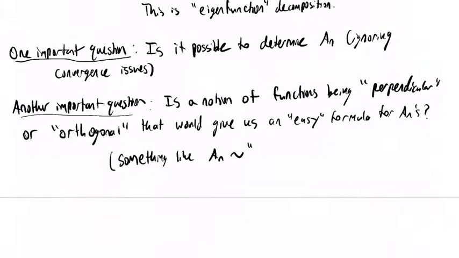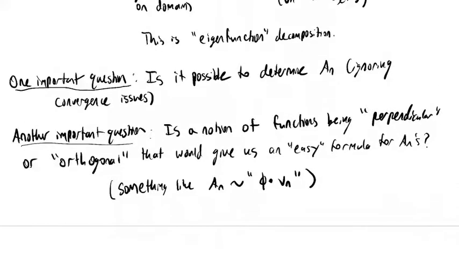So is there some notion of a dot product that would allow us to calculate an by taking the dot product of phi with one of the Vn's? This is what I'm talking about, because if we could find such a formula, it would allow us to answer the first question. And so this is what we're going to turn to now, answering these two questions.